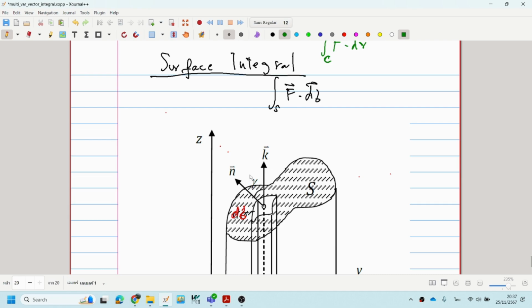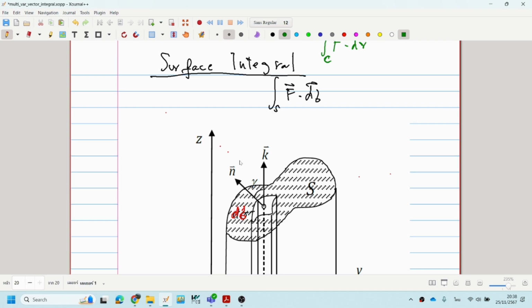Going around the area of the surface, I have a technique, a trick to teach you how to find F dot d sigma. Because this is 3D space, it's too difficult to find the solution if you focus on 3D. So I have a technique to solve the problem: project 3D to a 2D plane.